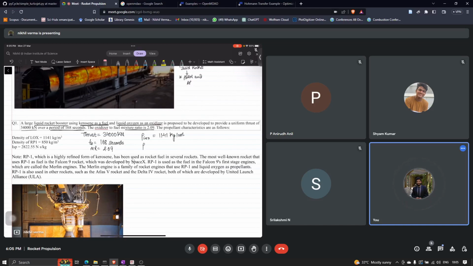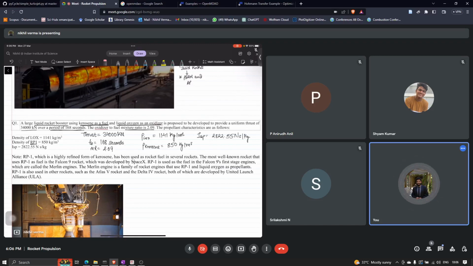The density of kerosene, RP1 being a purified form of kerosene, is 850 kg per meter cube, and ISP is given as 2822.55 Newton second per kg.